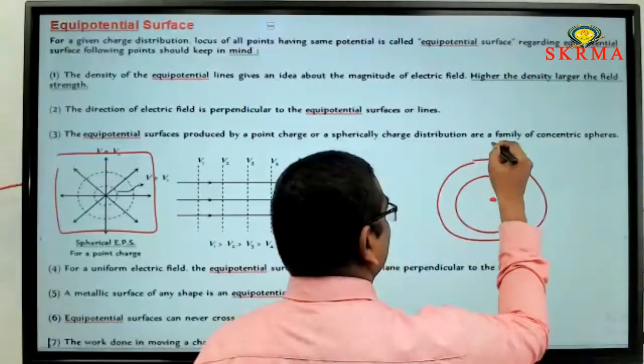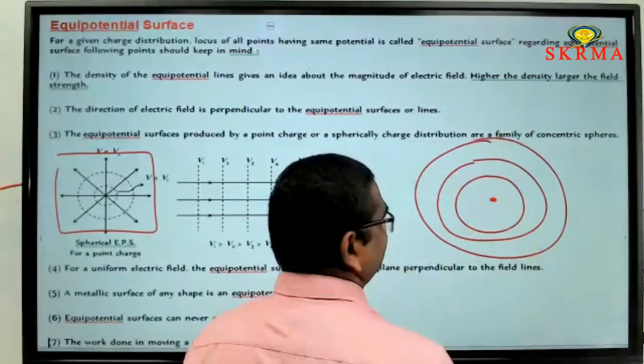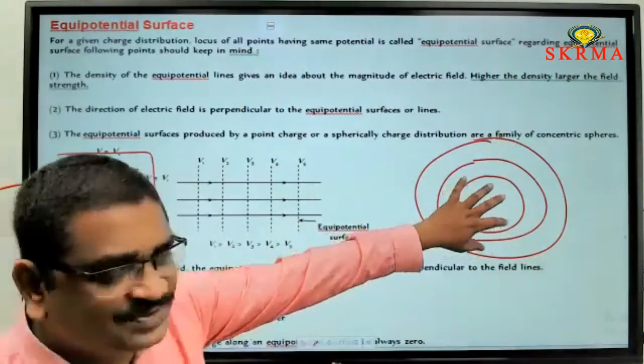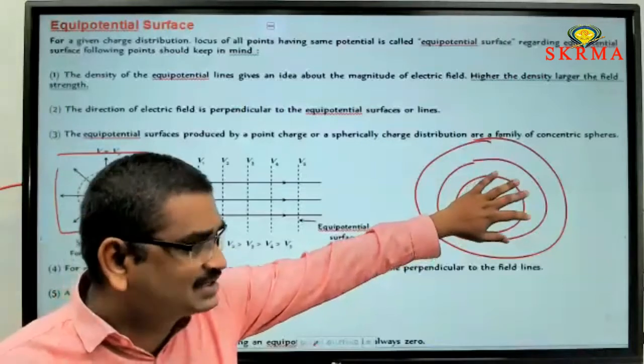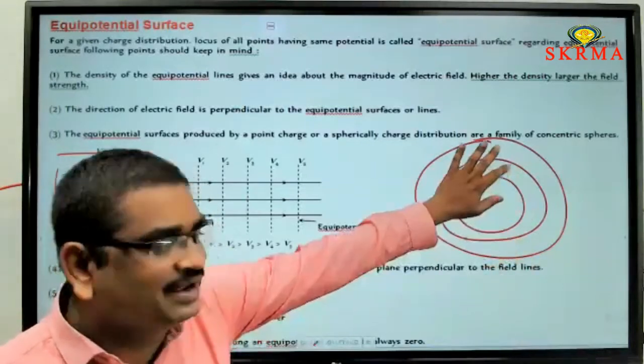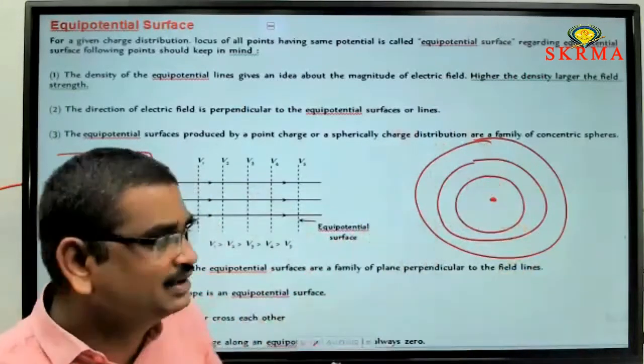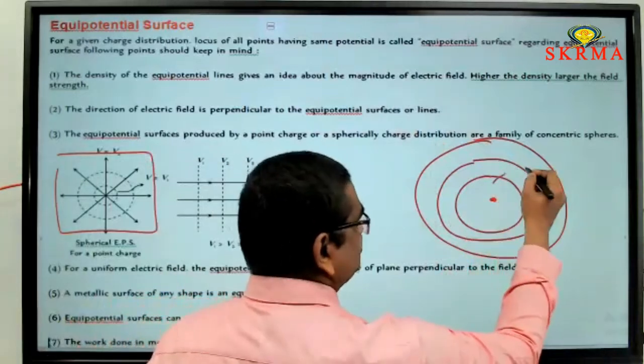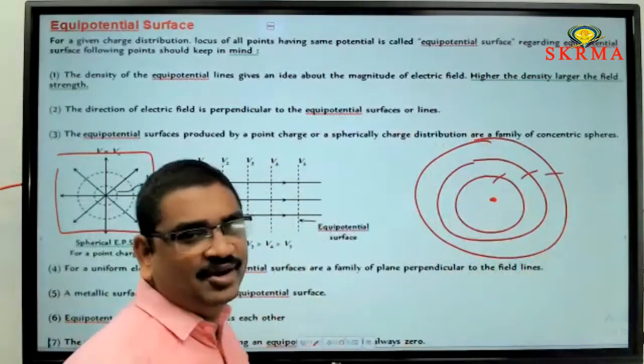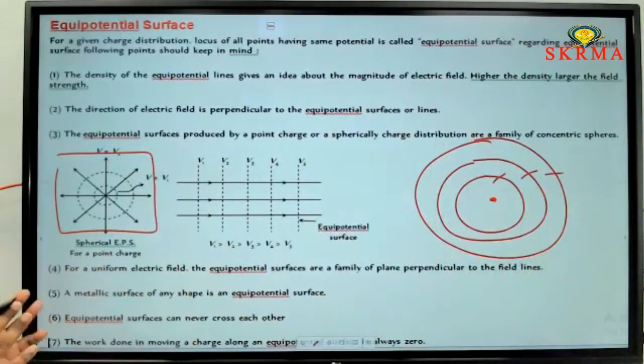I am drawing just a skeleton diagram, so assume these are exact spheres. These are the equipotential surfaces for a point charge.